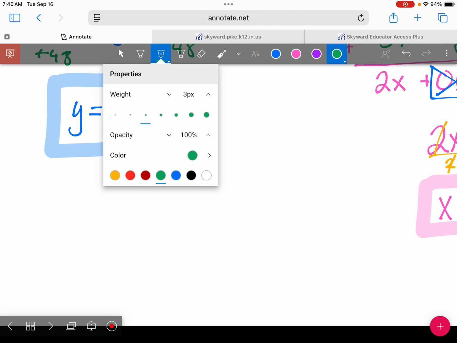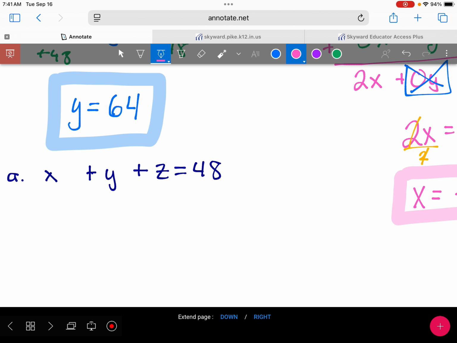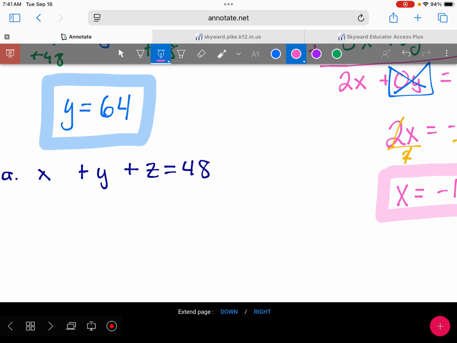So I'm going to use equation a from the originals. And that means we're looking at our x plus y plus z equals 48. So I'm just copying it down because it's really far away. But we know our x. Our x is this minus 16 over here.